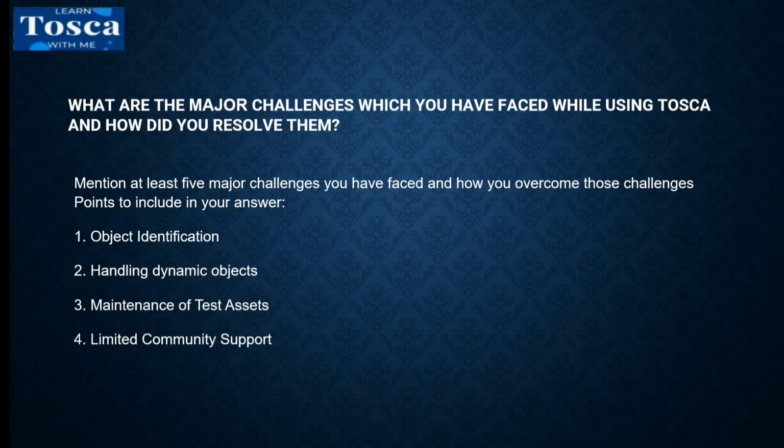But that is not the same case with Tosca. If you are facing any issue, very rarely will we get an exact solution on Google. Otherwise we have to raise a request in the Tricentis support portal, and again we have to wait for their reply. It takes time to resolve the issue. That is a major challenge we have with the Tosca tool.